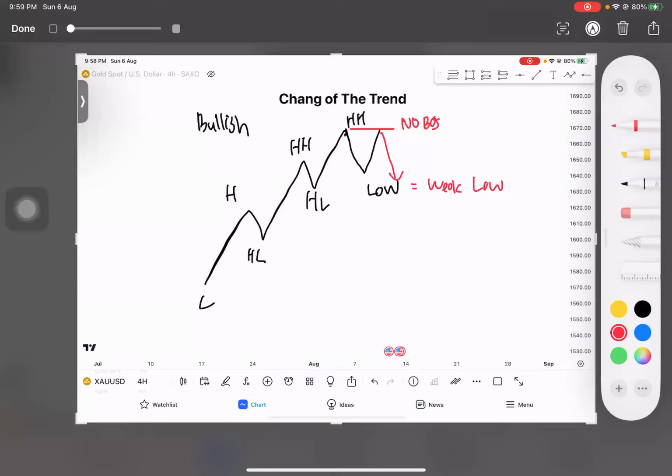So what happens with the change of character? Change of character should happen whenever it breaks out this weak low. Let me just erase something like this.